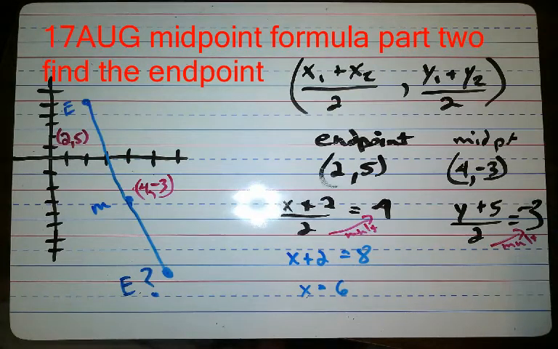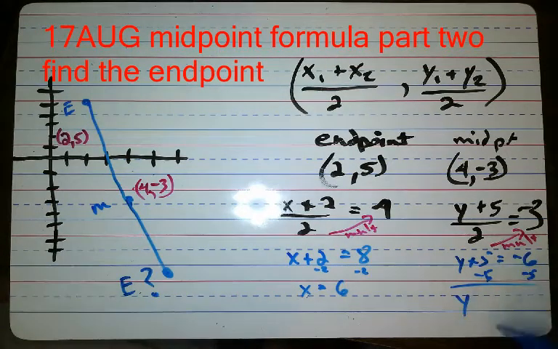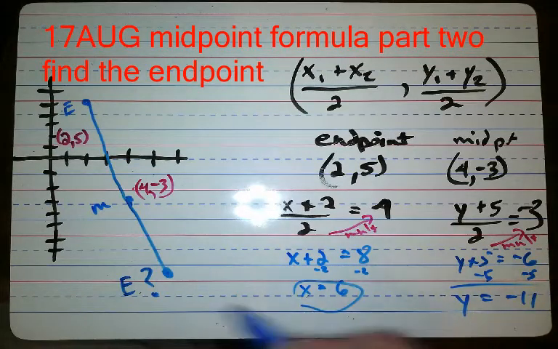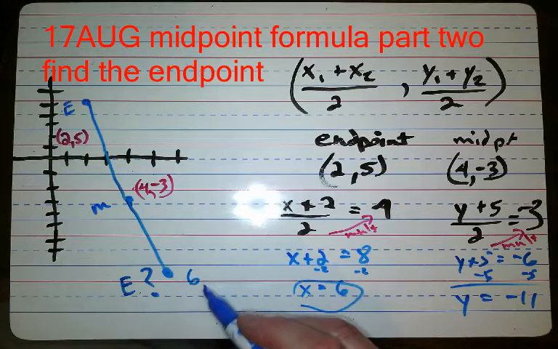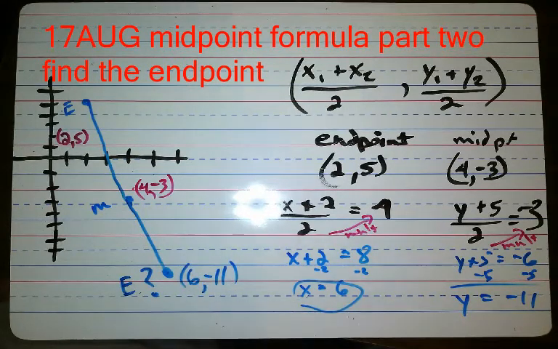And then here I multiply by 2, y plus 5 equals -6. Subtract the 5. I forgot to write my subtraction over there. y equals -11. So if we did it right, this point is 6, -11.